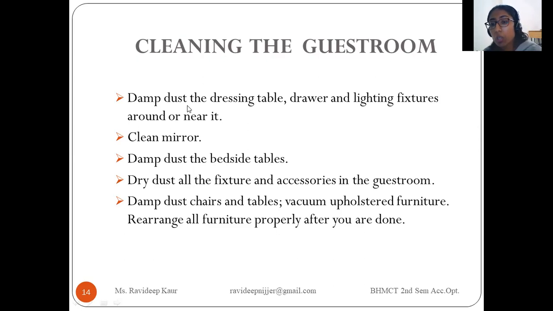Dry dust all the fixtures and accessories in the guest room. Damp dust chairs and tables, vacuum upholstered furniture, and rearrange all the furniture properly after you are done. So once you have dusted the chairs and tables and vacuumed the furniture, then we have to rearrange things as per the standards set up by the hotel.